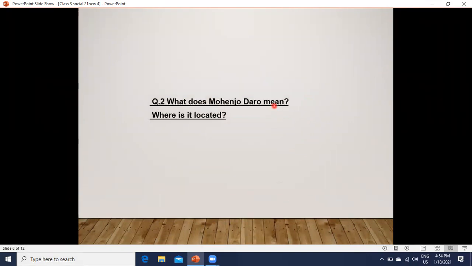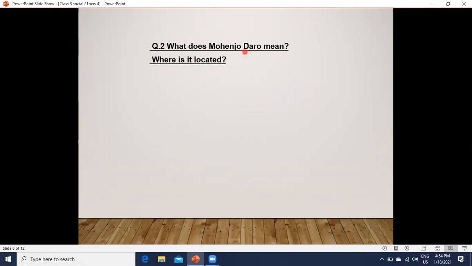Question number 2 is, what does Mohenjo-daro mean? Where is it located?